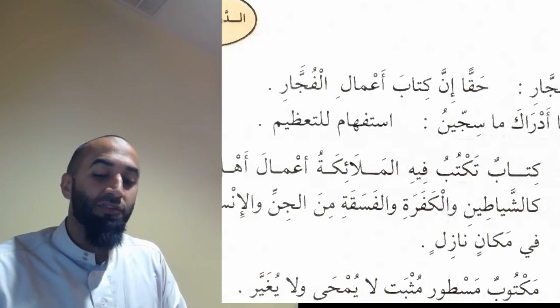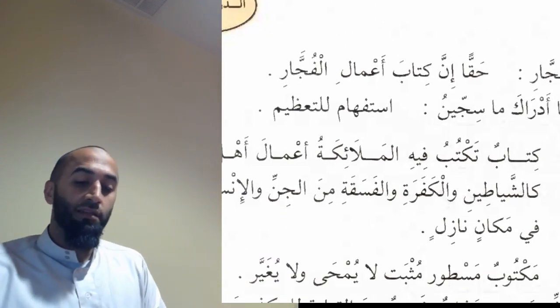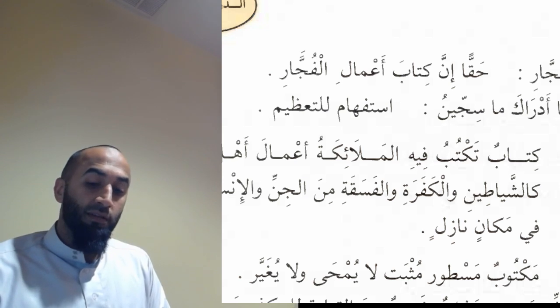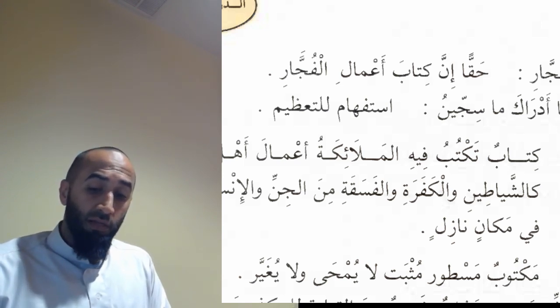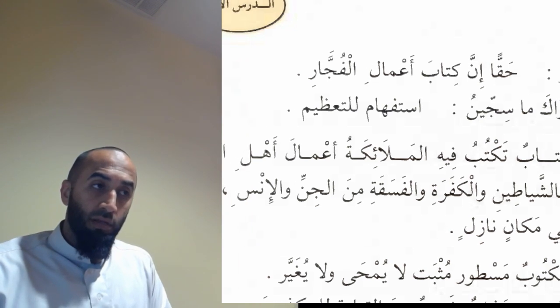Okay, now this is the verse, right? Read, Hassan. كلا إن كتاب الفجار حقا إن كتاب أعمال الفجار. Keep reading. لفي سجين وما أدراك ما سجين. استفهام للتعظيم. Keep reading the next one.